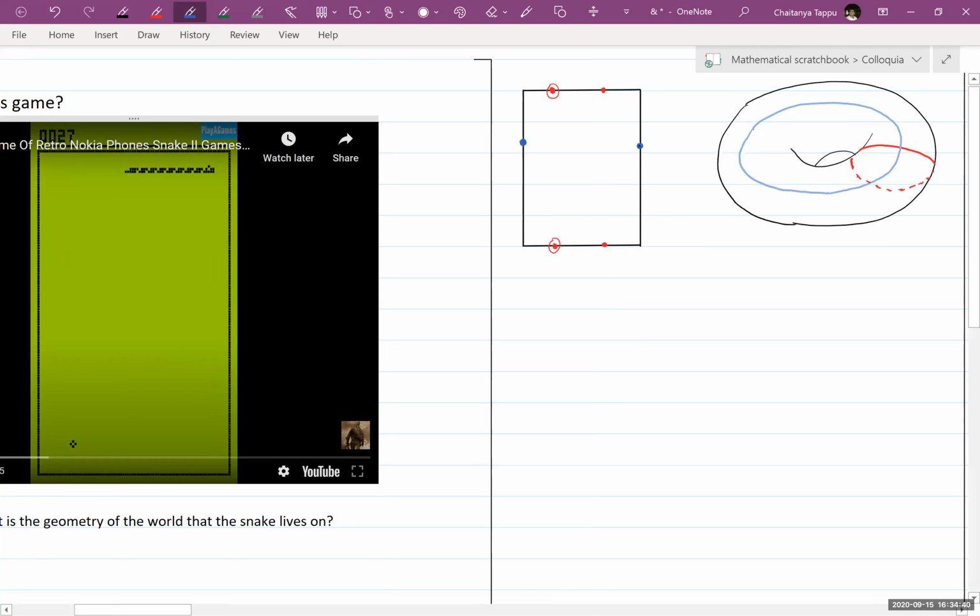That is to say, we are identifying the two opposite sides of the square. Let me try to color these. The red sides are identified, and so are the blue sides.